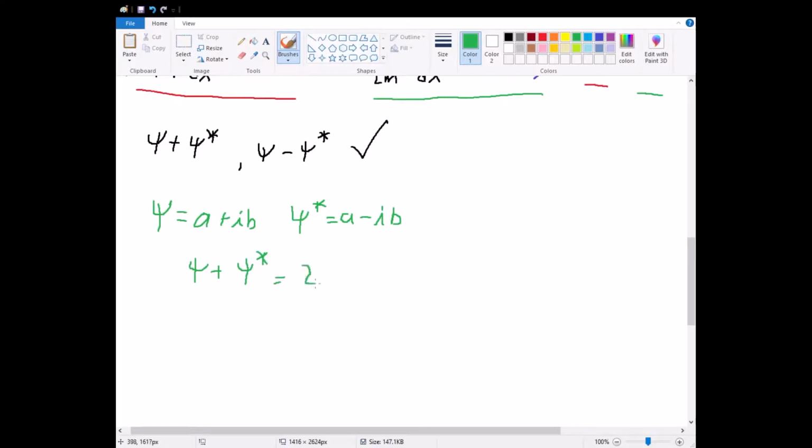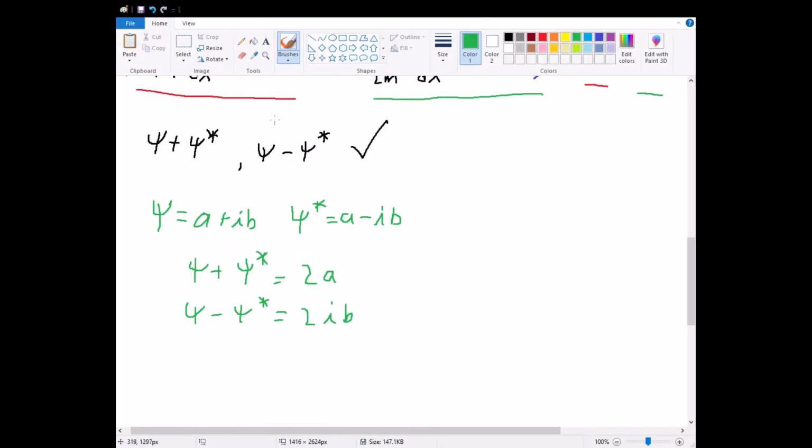So that's just 2a. And this is real. In contrast, if we wanted to get the b version, well, psi minus psi star is going to be equal to a plus ib minus a plus ib. So this is just 2ib.